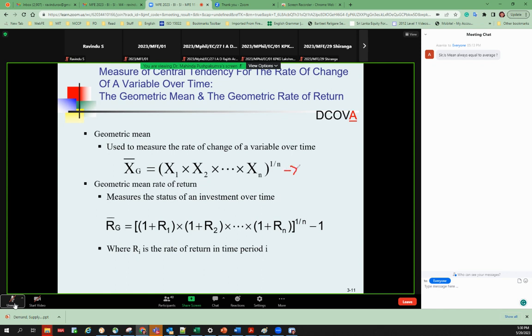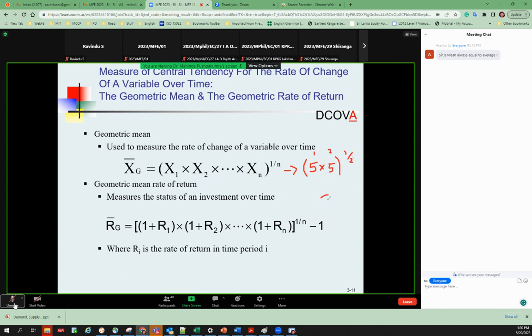Now let's say you have two observation values. One observation value is 5. The second observation value is also 5. Then according to this formula, the geometric mean is 5 times 5, to the power of 1 over 2.